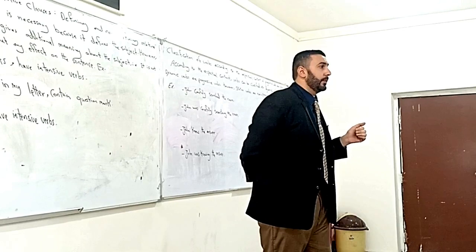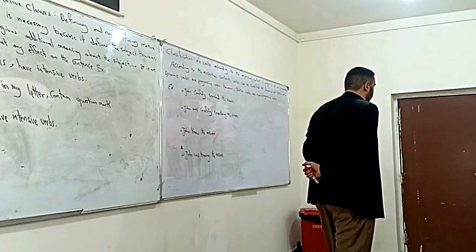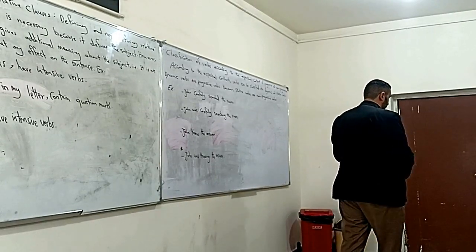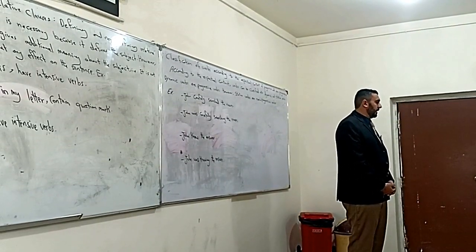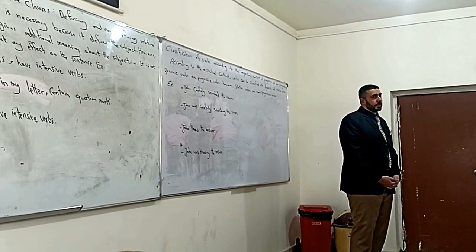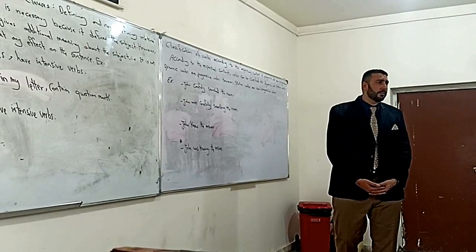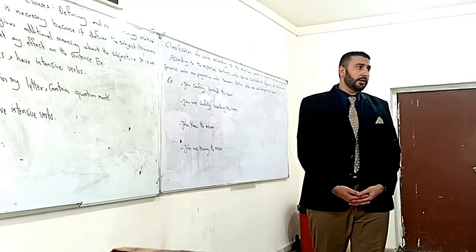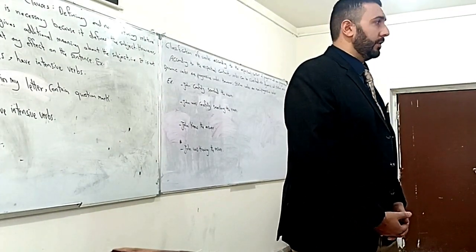Who can tell me? Yes, your name? Intensive verb and extensive verb. Yes, we have intensive verbs and extensive verbs. Who can tell me about the intensive verbs? Why do we call them intensive? What is the definition of intensive verbs?